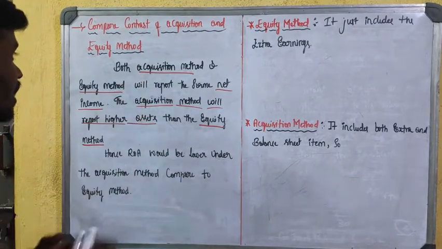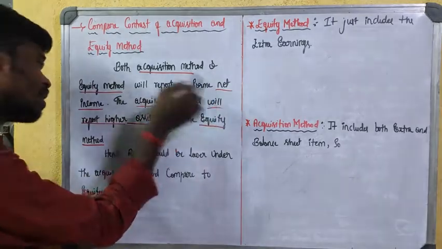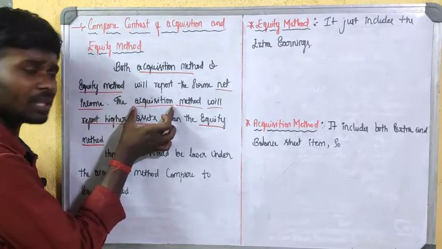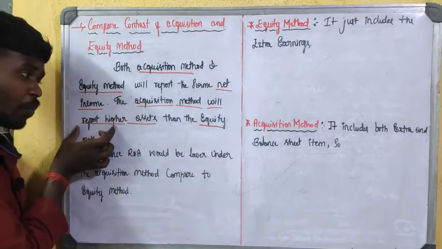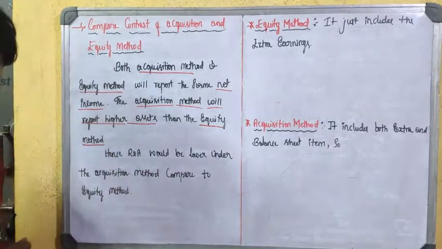See, both the acquisition method and equity method will report the same net income, but the acquisition method will report the higher value of asset when compared to the equity method.